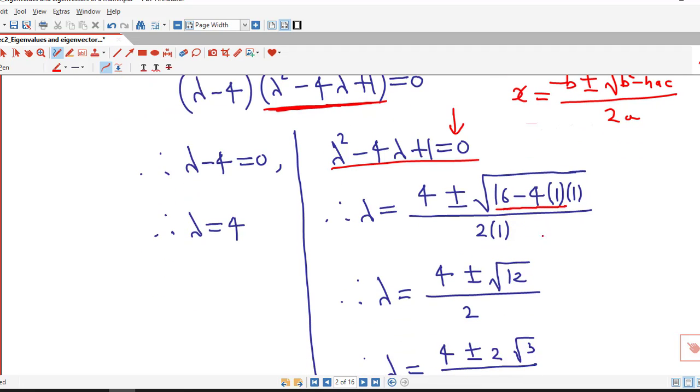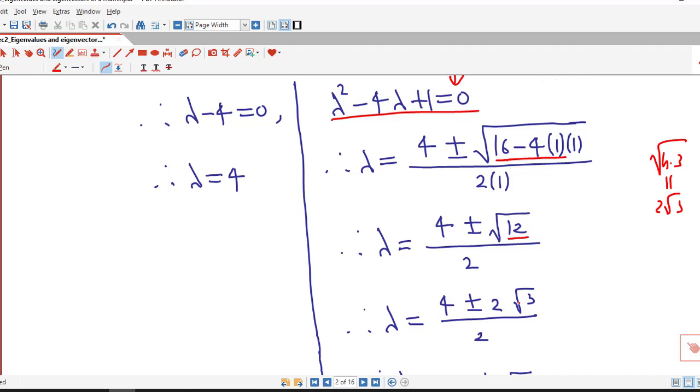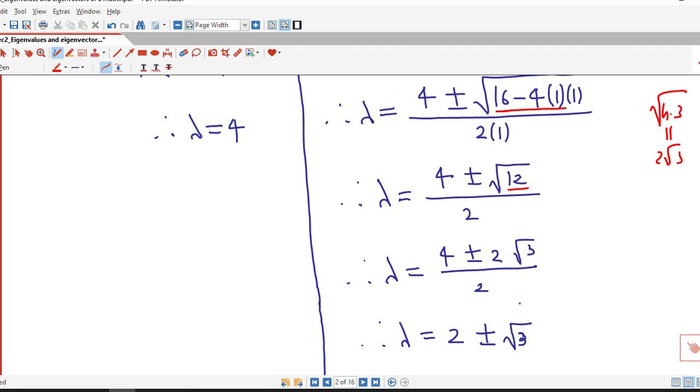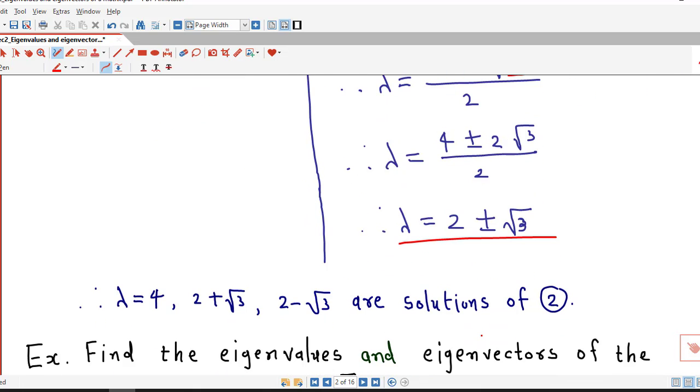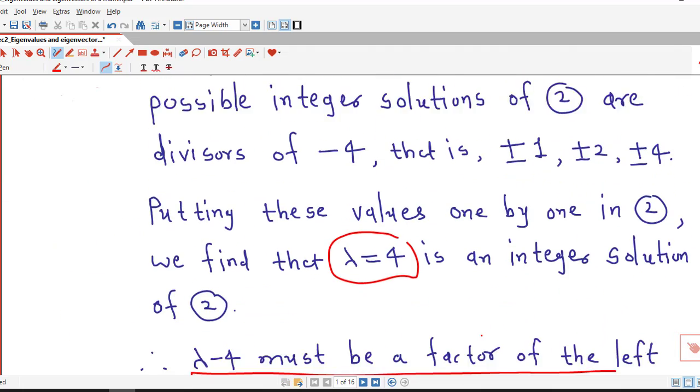Here we obtain 16 minus 4, that is 12. 12 can be written as square root of 4 into 3, that is 2 under root 3. So here we replace square root of 12 by 2 under root 3, and we can cancel out this 2 by taking 2 common from the numerator. So we obtain these values. So lambda equal to 4 and lambda equal to 2 plus or minus root 3 are solutions of this polynomial equation.